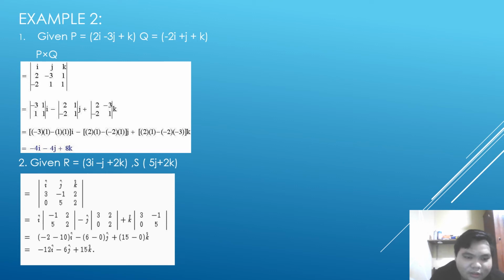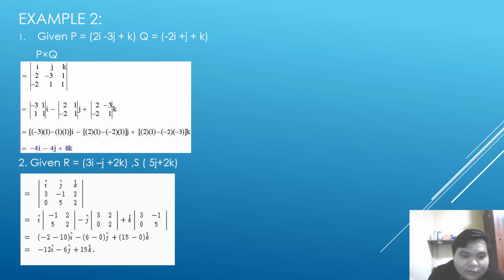For the next question, given R is 3i minus j plus 2k and S is 5j plus 2k. So this is the same as the other one. So first step we must put the question back into the matrix method.